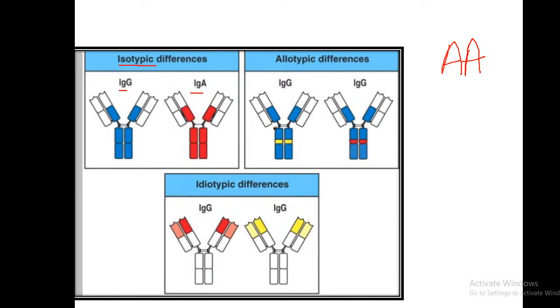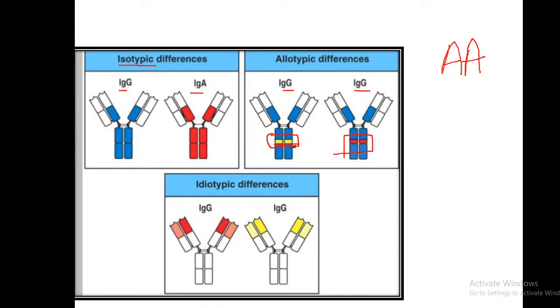Now allotypes. Allotypes means there is a change in the heavy chain. Here you can see a change is in the heavy chain of the same antibody, IgG.